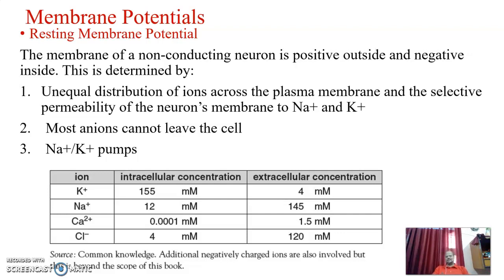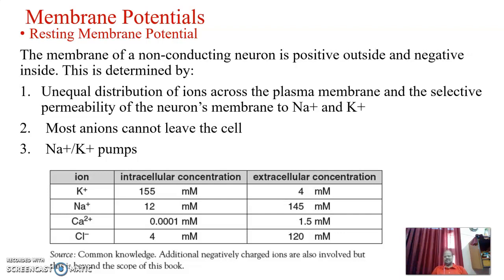And the third one is the sodium potassium pump, which is also an electrogenic pump that helps maintain the cell at the resting potential. It tries to push sodium ions back to the extracellular environment.